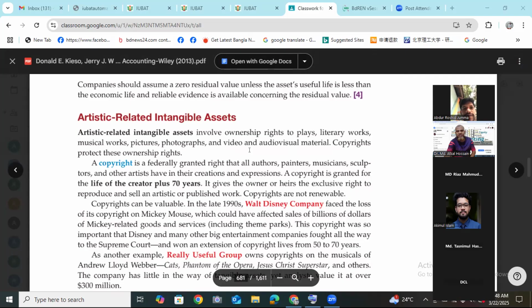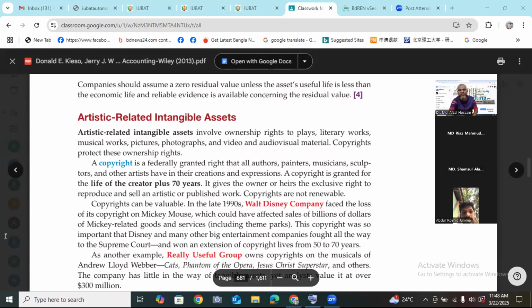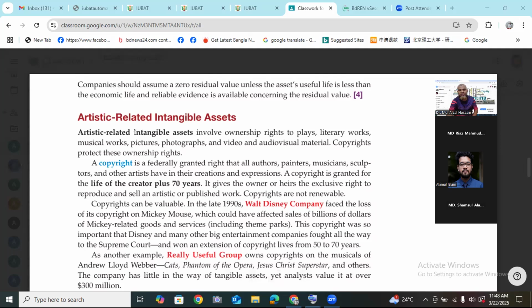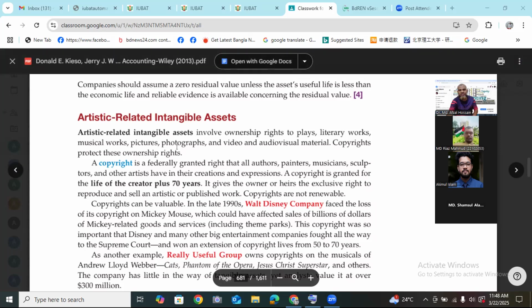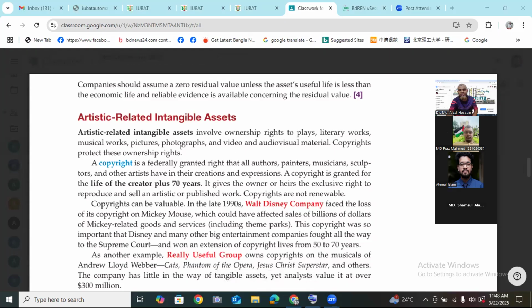Akimul Islam, he's a photographer, isn't it? Yes, sir. So he has artistic related intangible assets, for example pictures, photographs, video. If you can sell it, it is your intangible asset. Copyright protects this one.